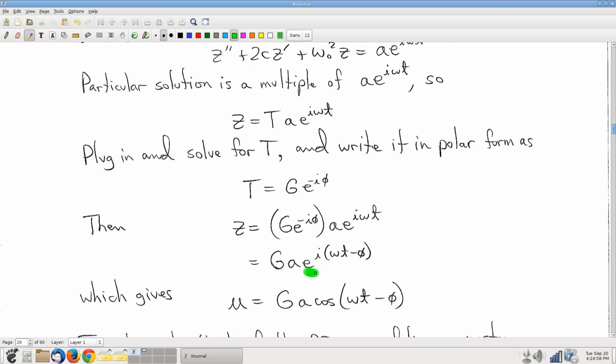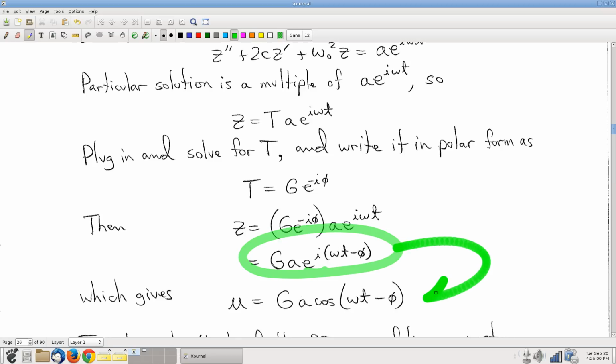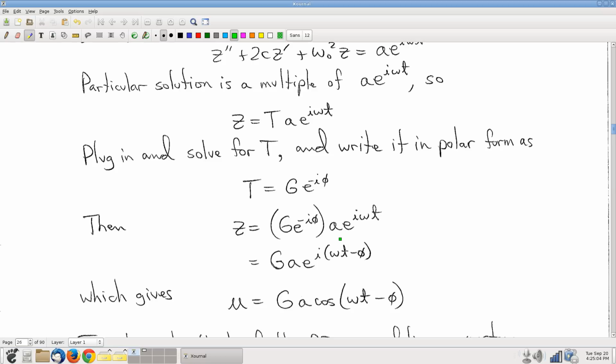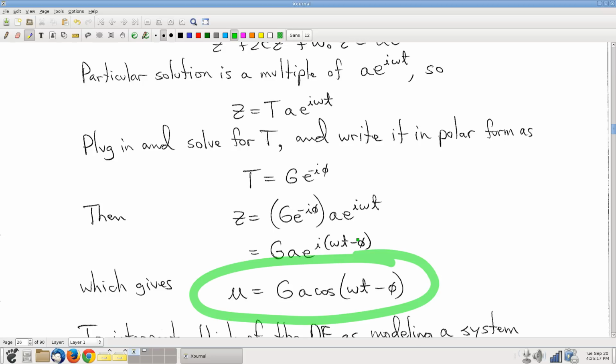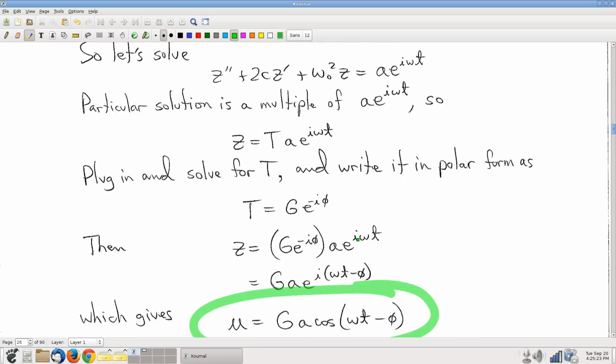And the real portion of this is that. Right, the real portion of e to the power of I times some angle is just cosine of that angle. Okay. All right, so the reason that this is interesting is that, weirdly, the solution to the differential equation that we started with actually looks a lot like the right-hand side that we started with.